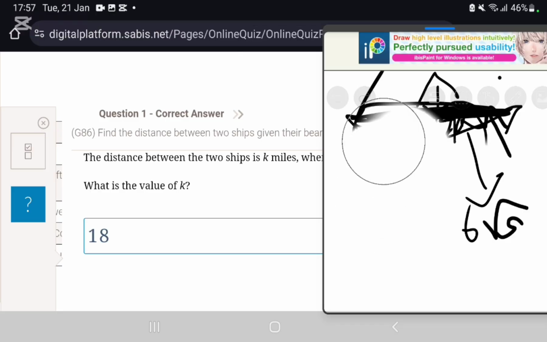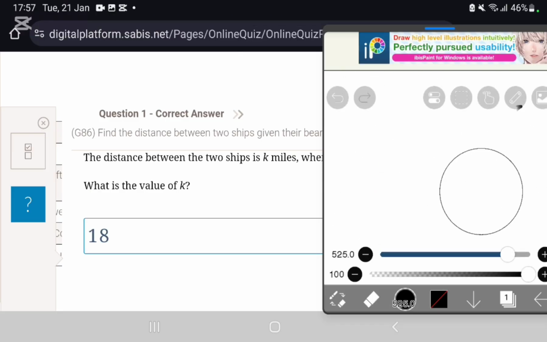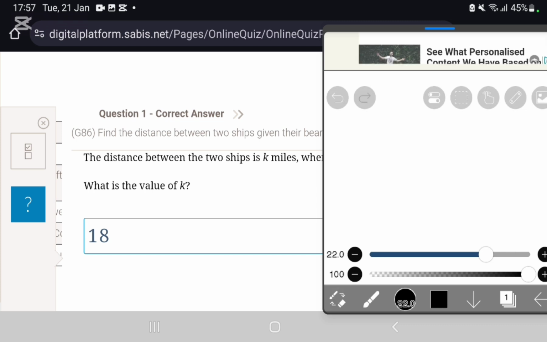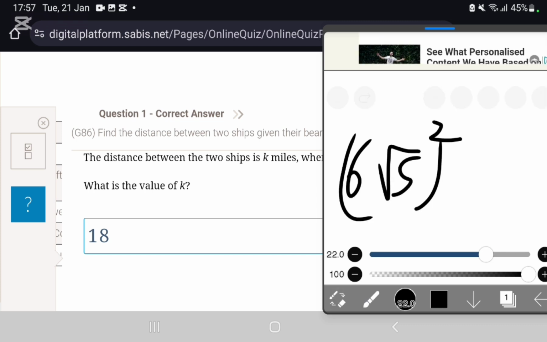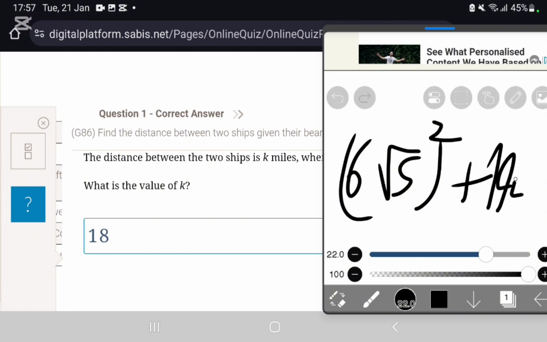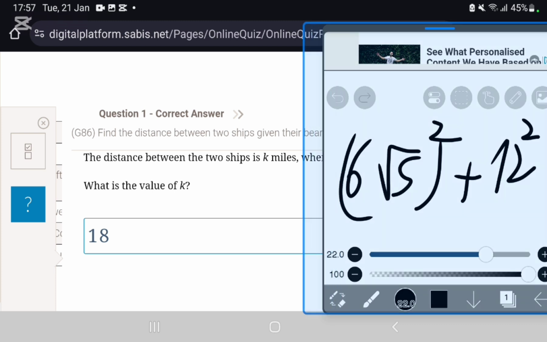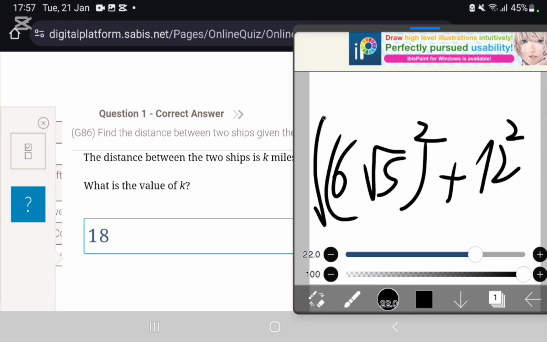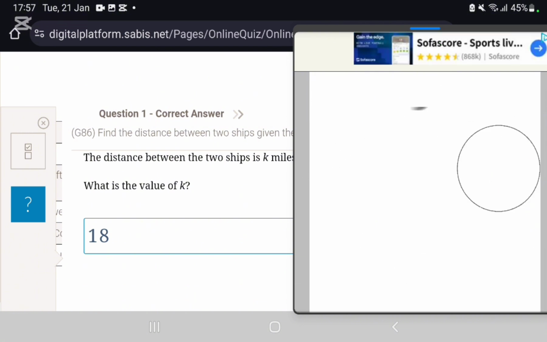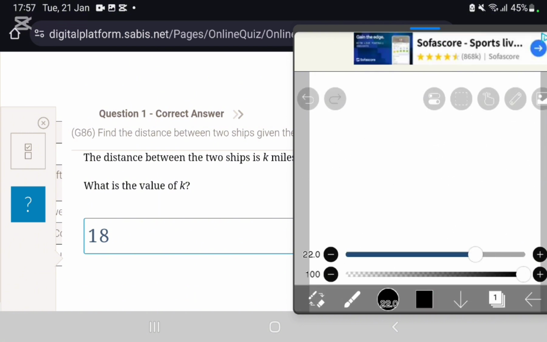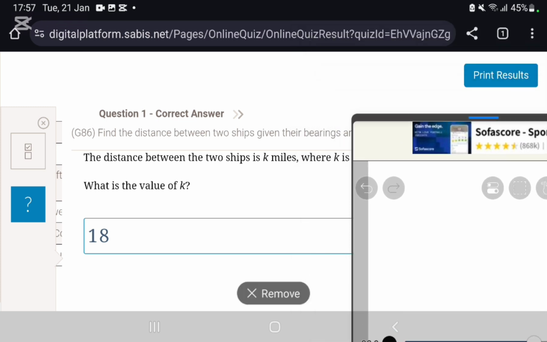So we do 6 radical 5 squared plus 144, or 12 squared. Then don't forget to radical the entire thing. When you're done with the calculations, just radical the answer and you'll get radical 324, which is 18.